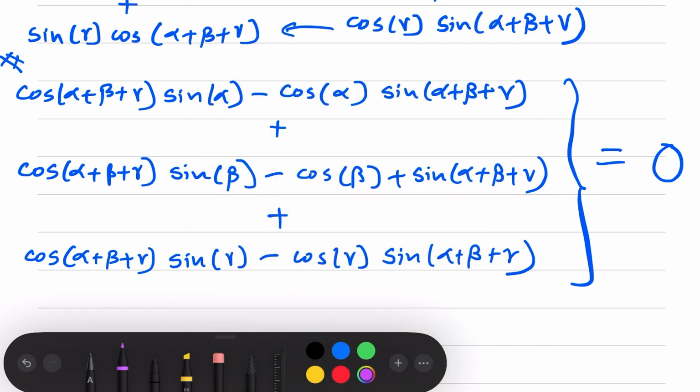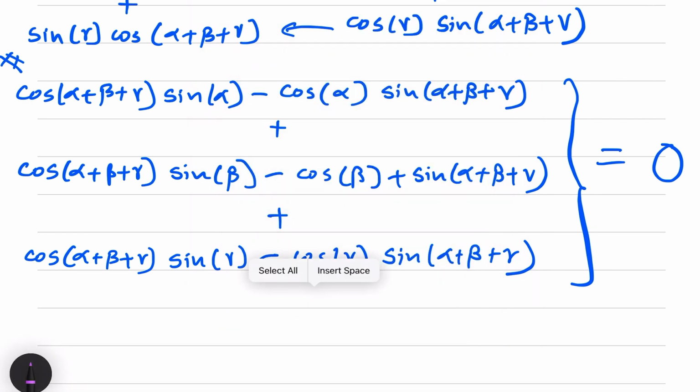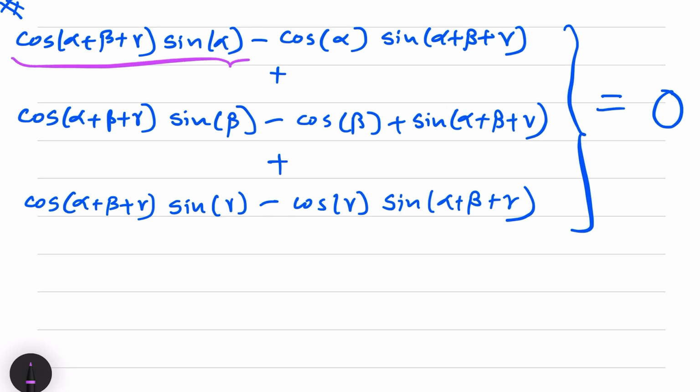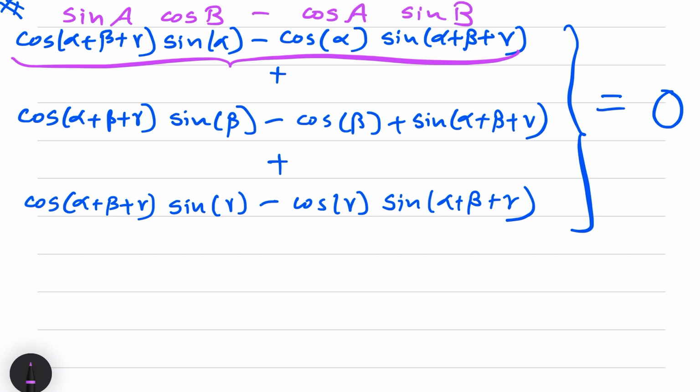Let me change the color of the pen. Okay, so the entire thing has been reduced to 0. Can you observe this now? Doesn't this look like sine A cos B minus cos A sine B?